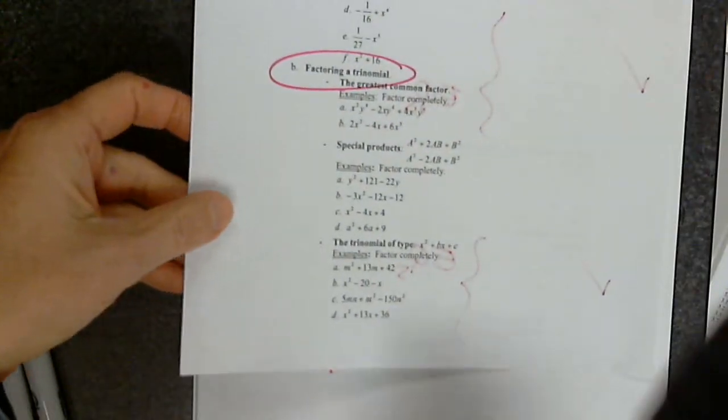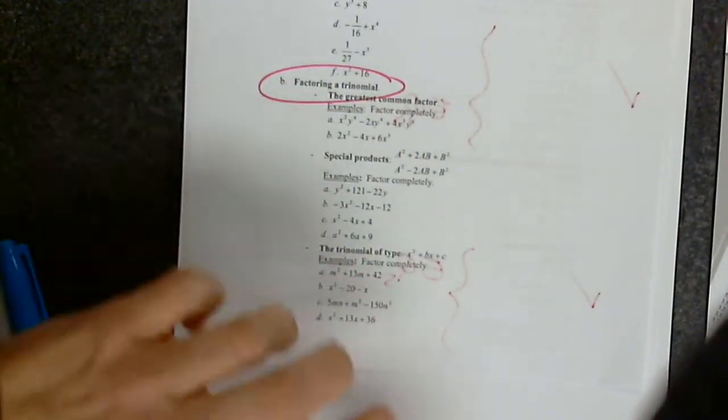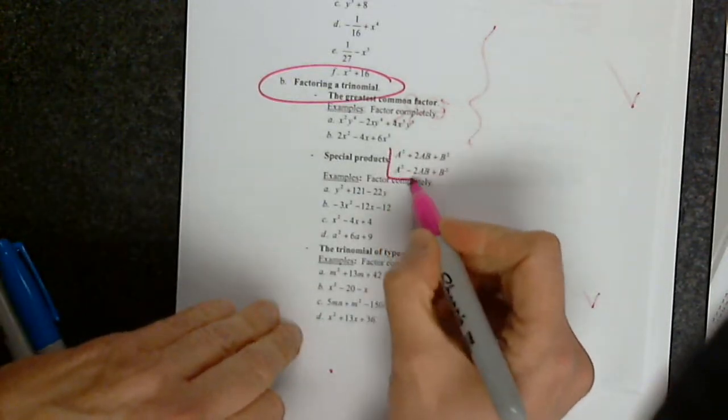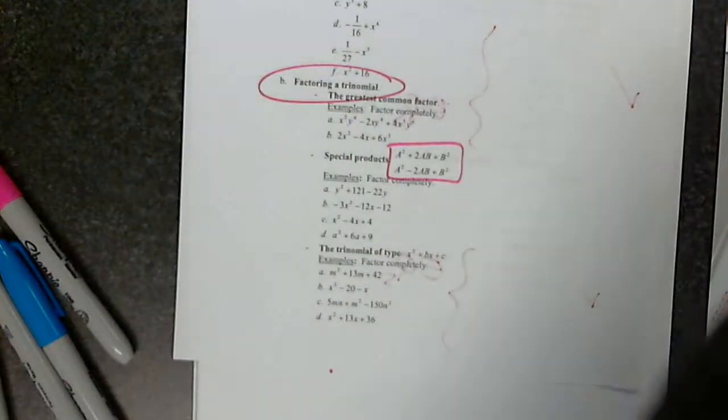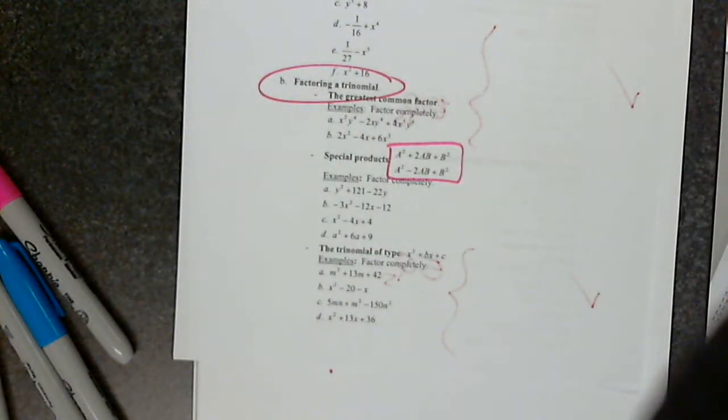So when it comes to factoring trinomials, we have two special products. And if you remember, I'm trying to find my handouts that I gave you last time, which is our agreement. I had enough.